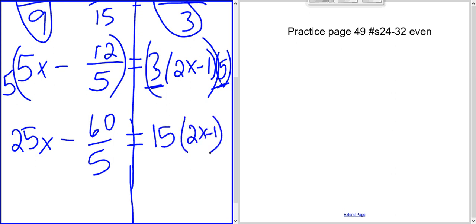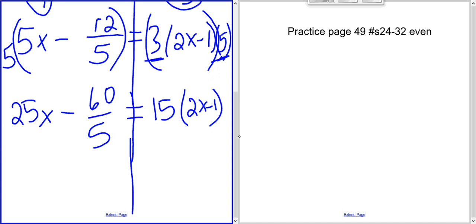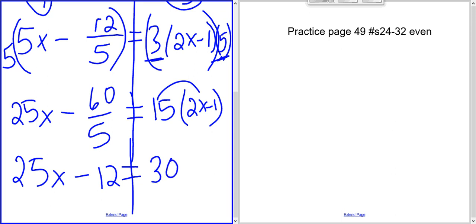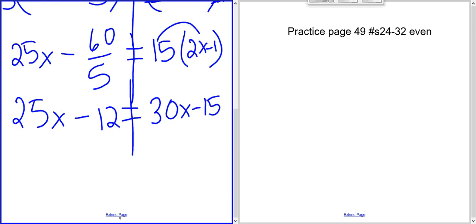Notice I'm not changing anything inside the parentheses. This is what was out front. So we can simplify this. 25x minus 60 divided by 5 is 12 equals 15 times 2 is 30, that has an x. And then 15 times negative 1 is negative 15. And then you're just going to solve it from there.